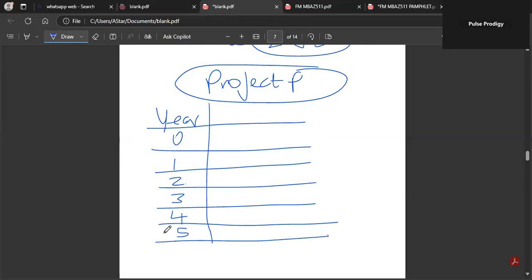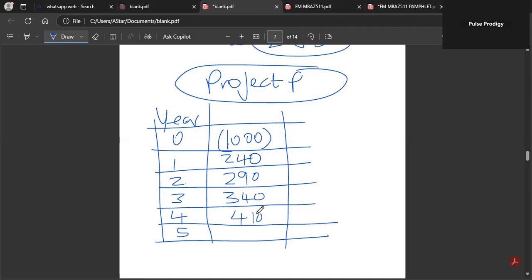Here we have 1,000 that was invested at this year, and then the 240 came in year 1 as a cash inflow. When you see a negative value, just know that that's an outlay or an expenditure, meaning that money is going away.